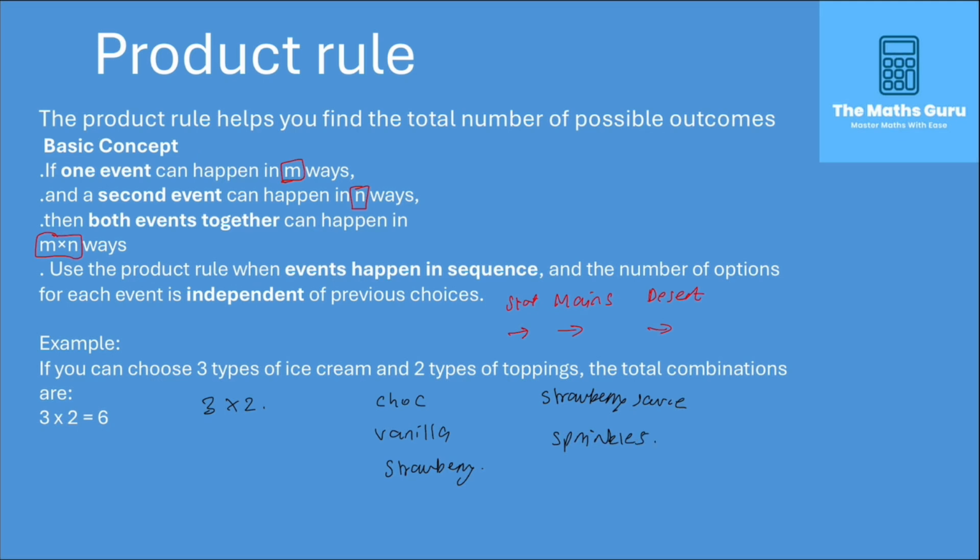Then we can have chocolate with strawberry sauce or chocolate with sprinkles. That's 2 combinations. Then we can have vanilla with strawberry sauce or vanilla with sprinkles. That's another 2 combinations. Or strawberry with sprinkles or strawberry with strawberry sauce. That's another 2, which shows us that we have 6 total combinations. Hence, we can just do 3 times by 2, and this is essentially what our product rule is telling us.